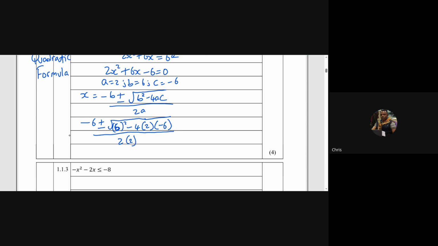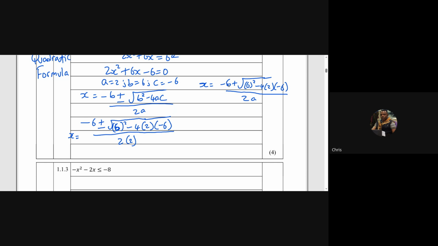Then you can separate them. How do I mean by separate? I can write x here equals to negative 6 plus, then I have my 6 squared minus 4, 2, and then negative 6 all over 2a.